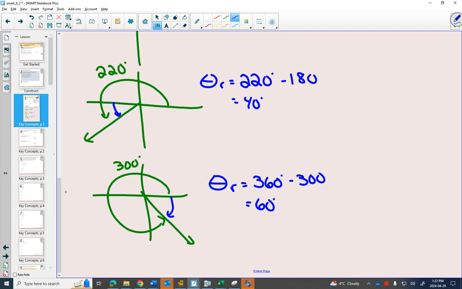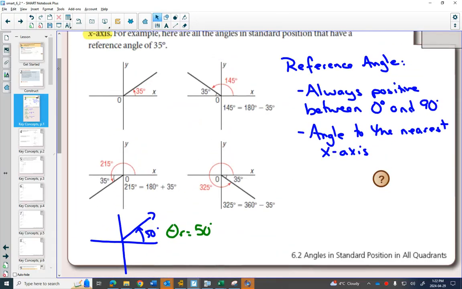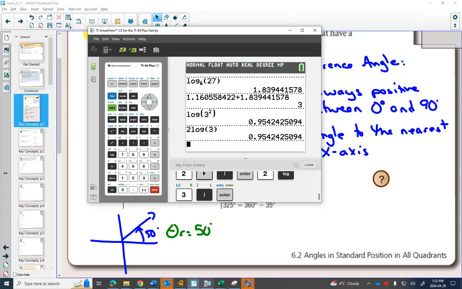And the reason reference angles are important is as follows. We're going to go back up to the examples that we have. Okay? And if I have 35 degrees, I could draw a straight line down and make a right angled triangle. And my calculator has 35 degrees built into it.